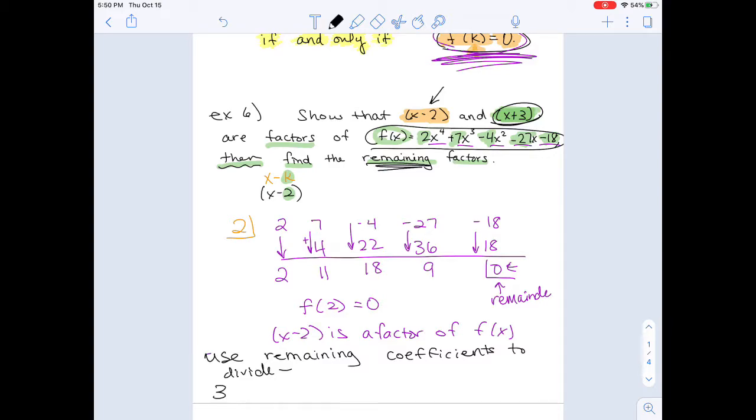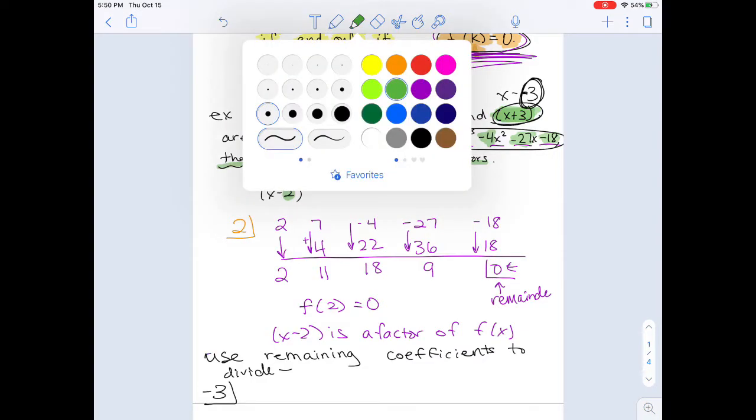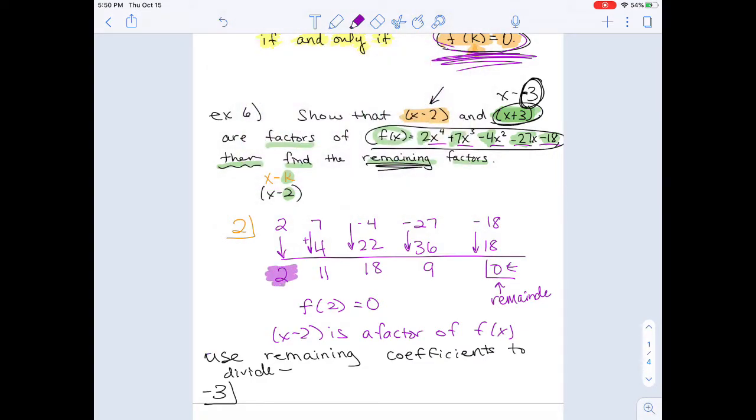So again, -3 is going to go in our box because we know x minus -3 is really x plus 3. So -3 goes in the box, and then we use our remaining coefficients, which right here in purple are 2, 11, 18, and 9.